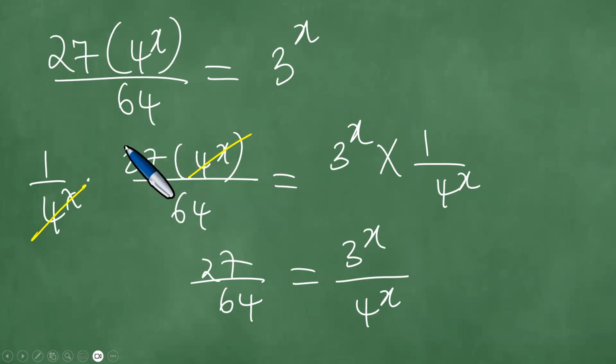Okay. Right, then you have 4 to the power x, and then you have to divide by 4 to the power x both sides, both left and right.